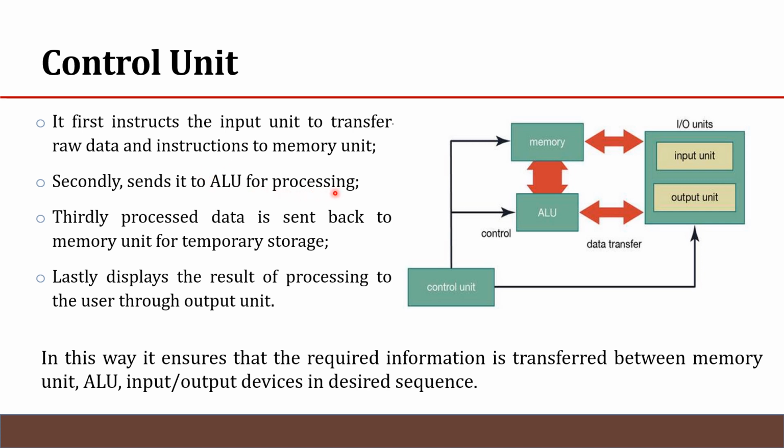In the ALU unit, it performs the arithmetic or logic operations. It processes the data. Then the processed data is sent back to the memory unit for temporary storage. Then from the memory unit, the display unit displays the result of the processing through the output unit.